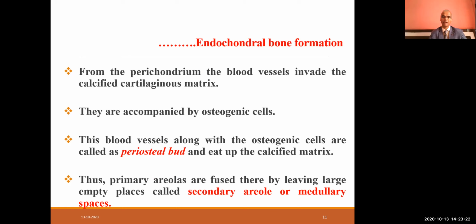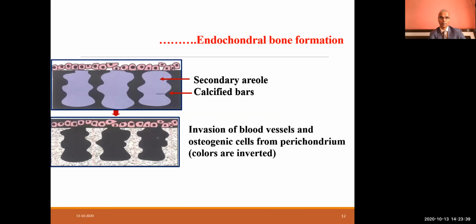They eat up the calcified matrix. Thus, primary areolae are fused, thereby leaving a large empty space, which is called the secondary areola or medullary space, around which the lamellar bone formation will take place. So this is the secondary areola.